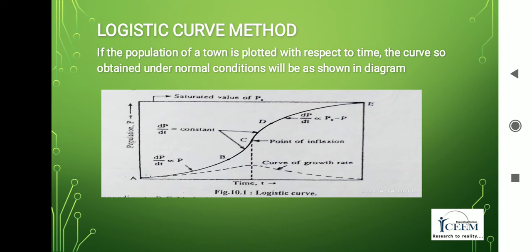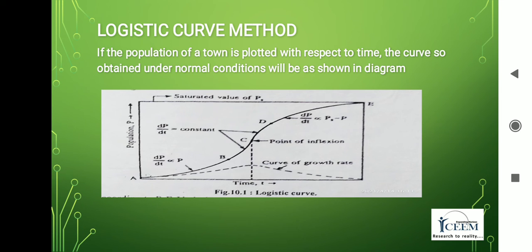That is a curve of population with respect to time under normal conditions, and from that curve we forecast the population.